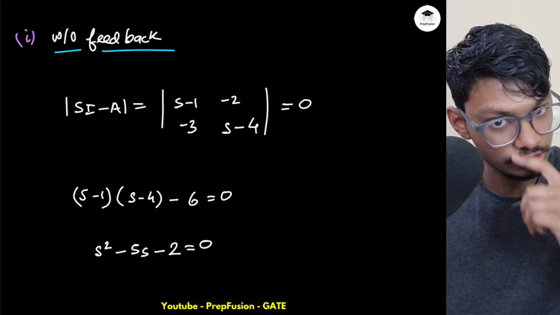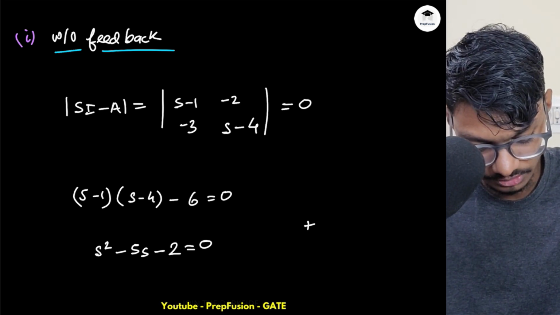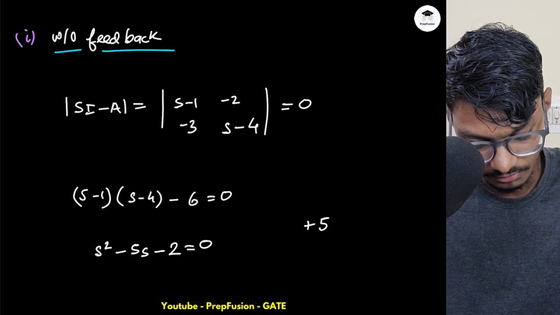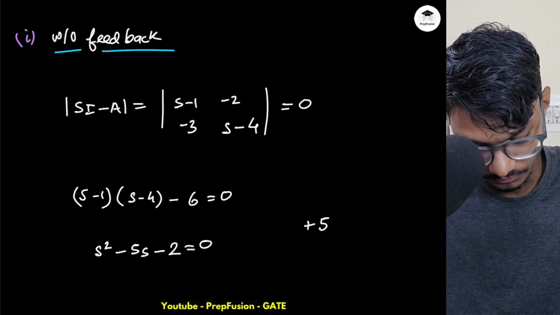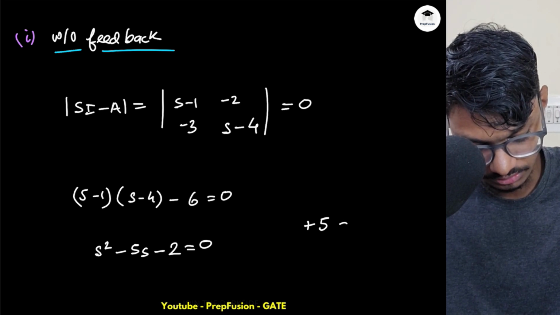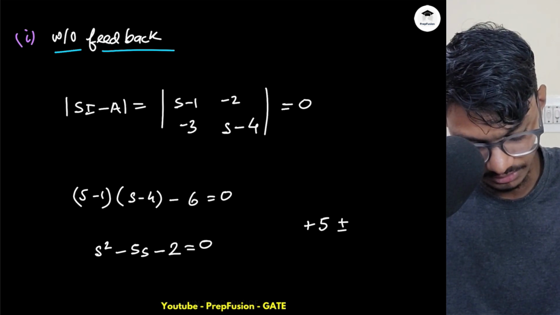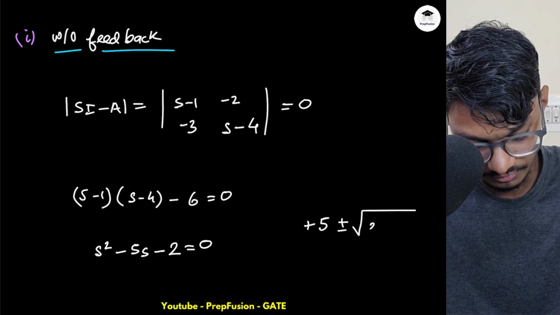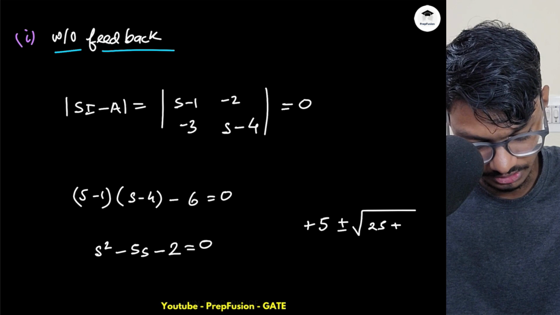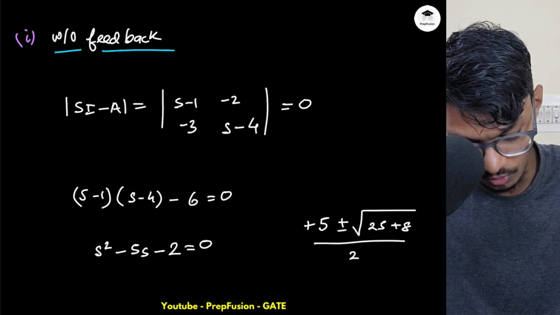So where are my poles located? My poles are located at minus B, so plus 5, plus minus under root B square. B square is 25 minus 4AC, so it will be plus 8, divided by 2A.